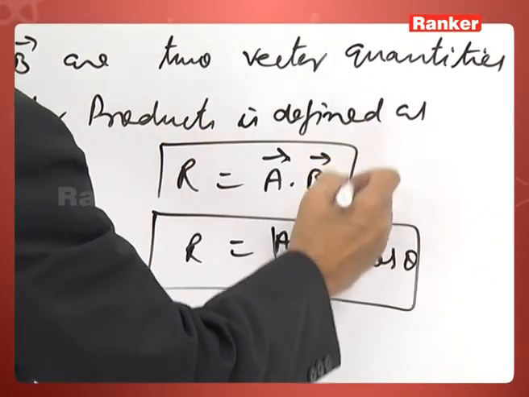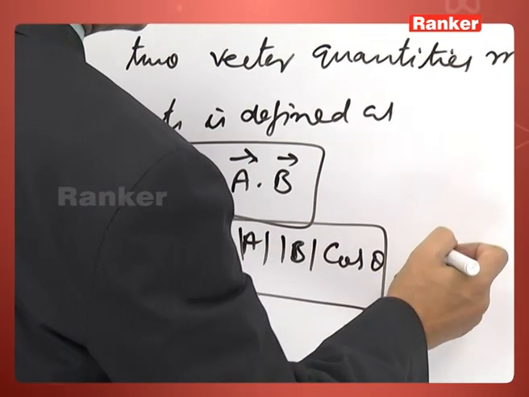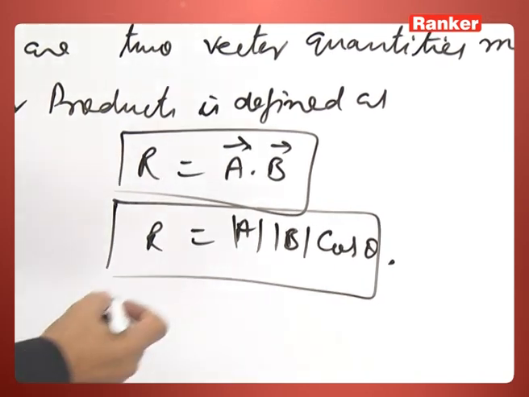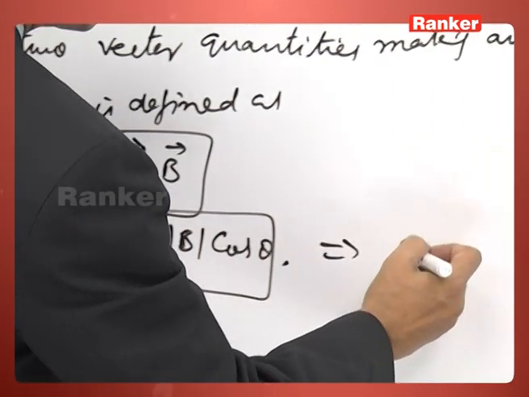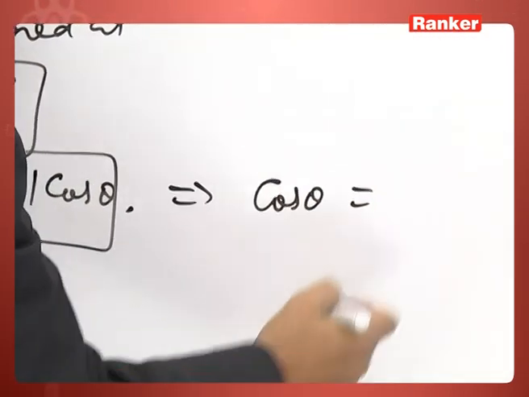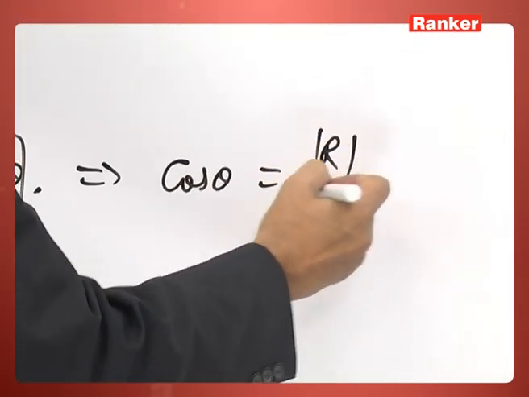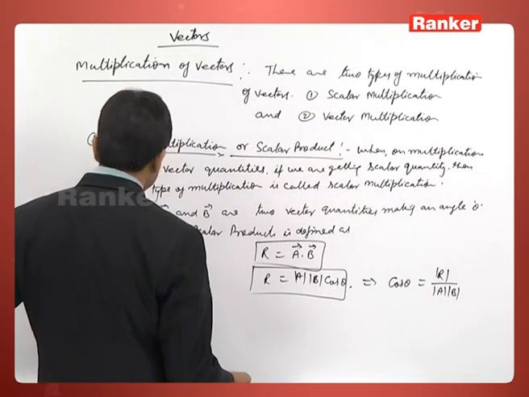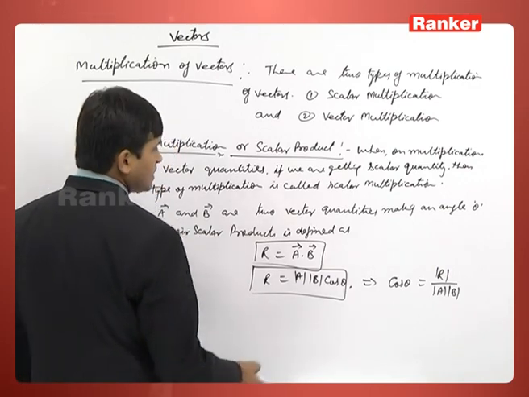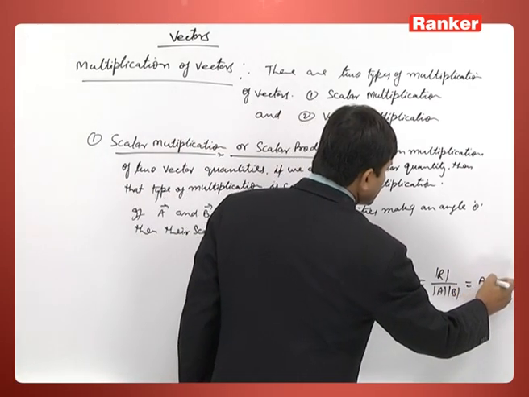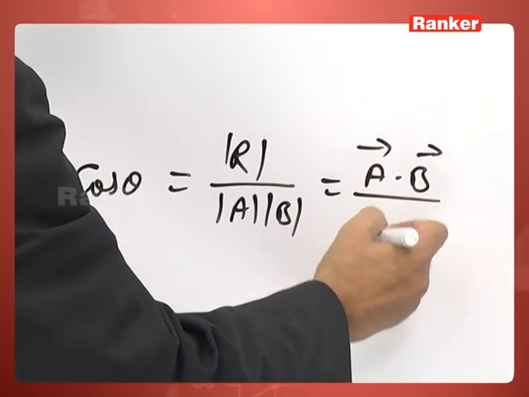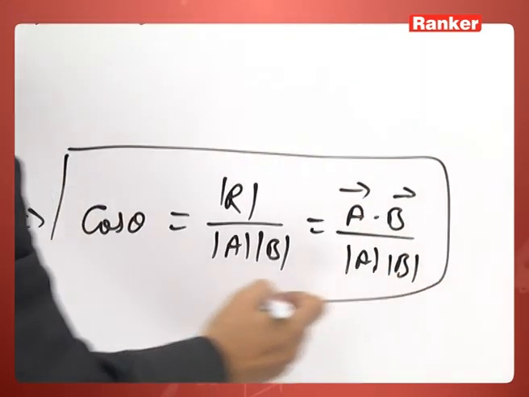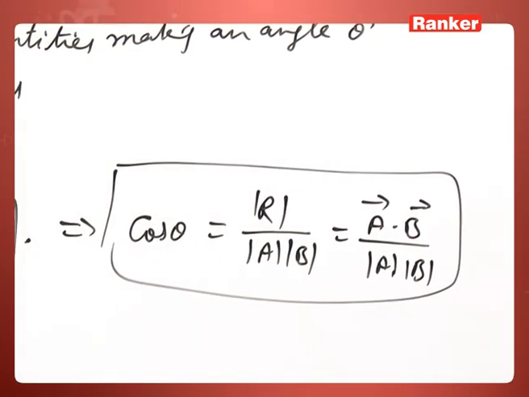Either in this form we can write or that form. This is called the scalar product. From here we can get theta also: cos theta is equal to R by mod A mod B, or R can be written as A dot B, so cos theta is A dot B by mod A mod B. In this manner we can get the value of cos theta also.